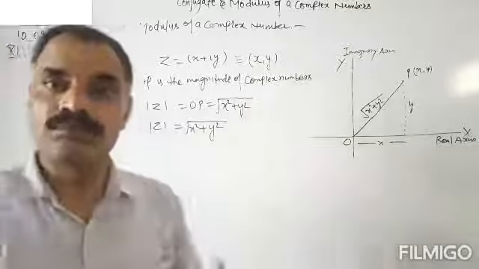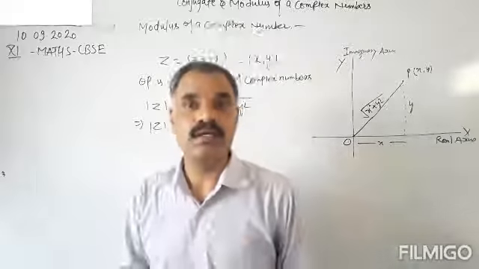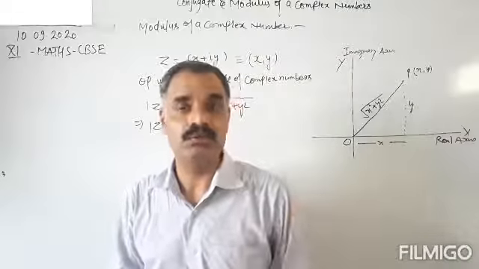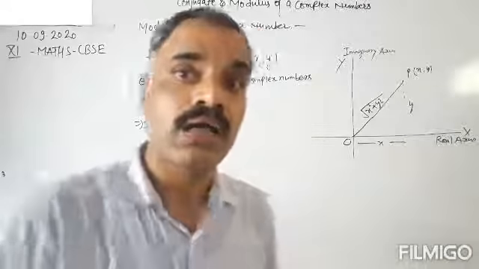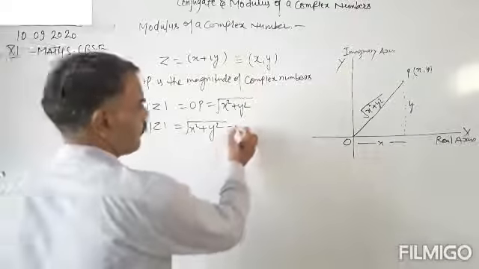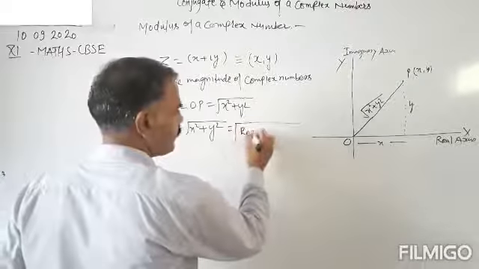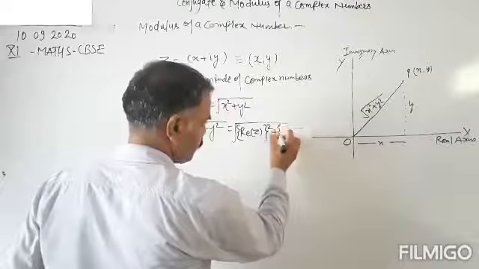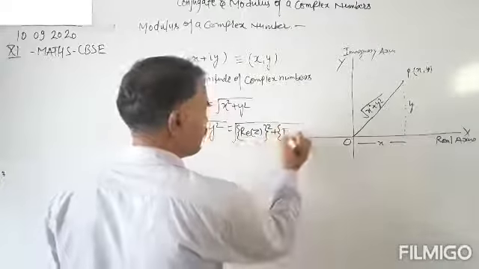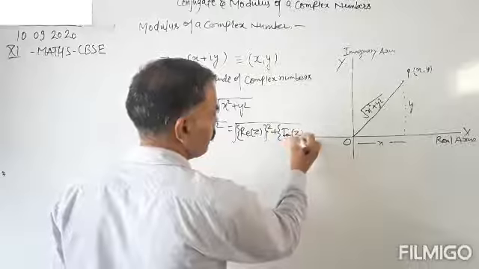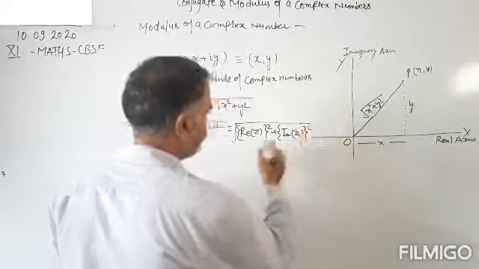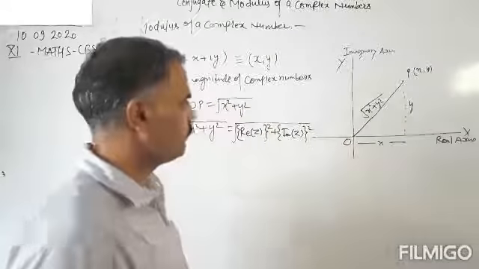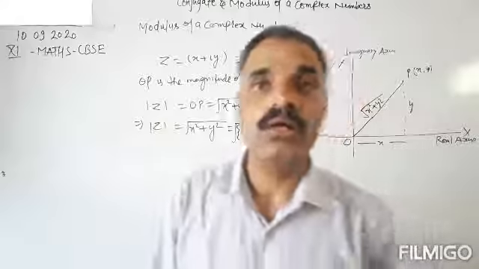So the magnitude of a complex number is defined as under root x square plus y square. Or we know that x is the real part of z and y is the imaginary part of z, so it is under root of real part of z whole square plus imaginary part of z whole square.